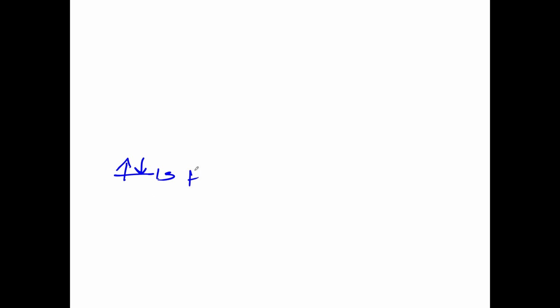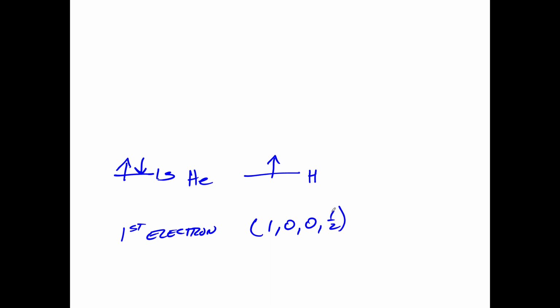This is helium, and if we look at hydrogen, it's just going to be like this. For the first electron of any atom or element, the quantum numbers are 1, 0, 0, positive 1/2. By convention, the first electron in the orbital is always spin up.